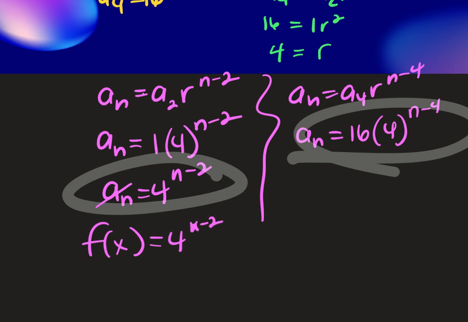So this becomes your input. Or f of x equals 16 times 4 to the x minus 4. These are usually multiple choice, so you'll only see one of those options listed, not open-ended. But if it was open-ended, then either of those would be right.